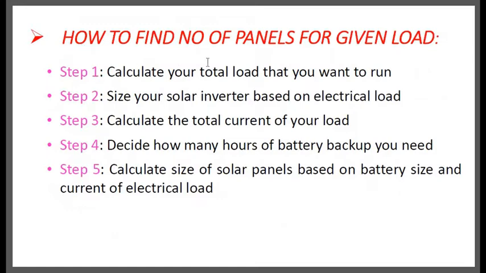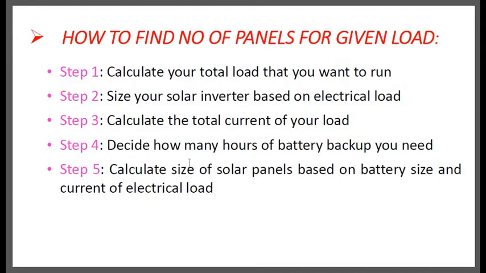Now, how to find the number of panels for the given load for domestic or industrial purpose? There are 5 main steps to follow. First one is calculate your total load that you want to run in your house or industry. Then size your solar inverter based on electric load. Then third one is calculate the total current of your load.